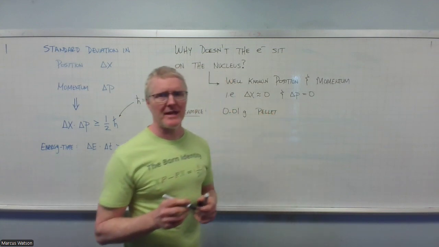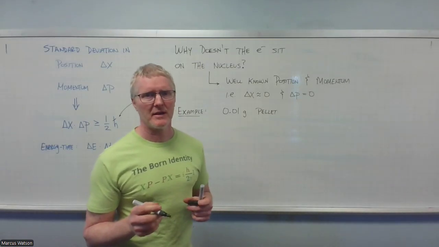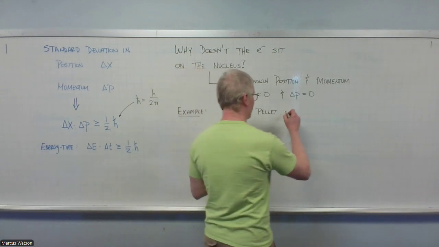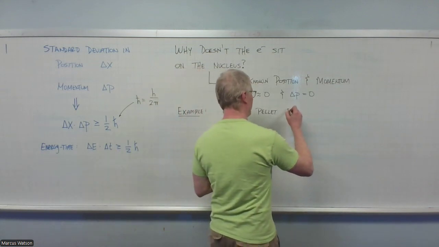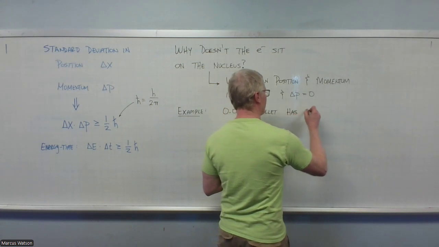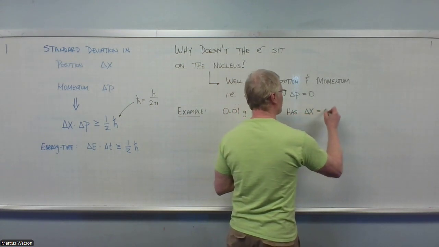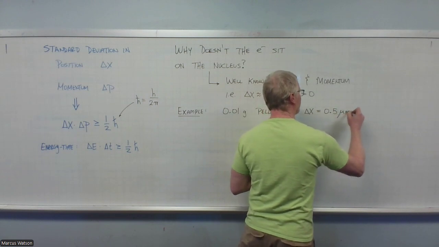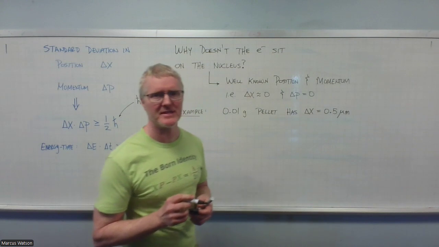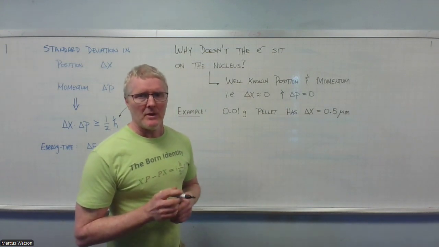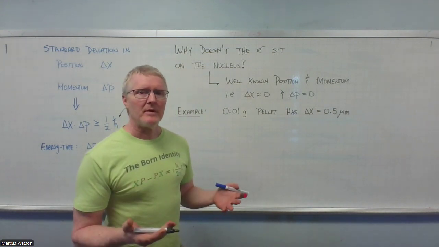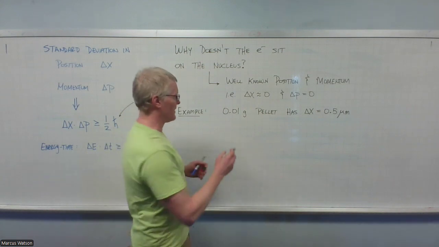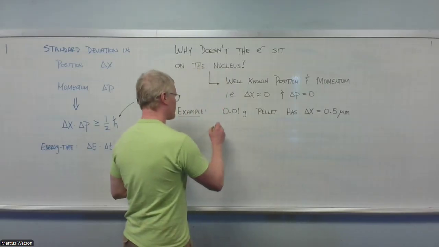I've measured its position carefully. I've measured its position uncertainty to 0.5 microns. That's 0.5 times 10 to the minus 6. Okay, so what would be the minimum uncertainties in the momentum and consequently in the velocity, with that knowledge of x?